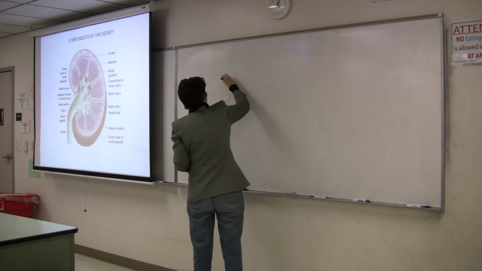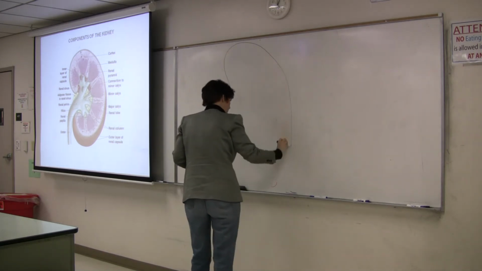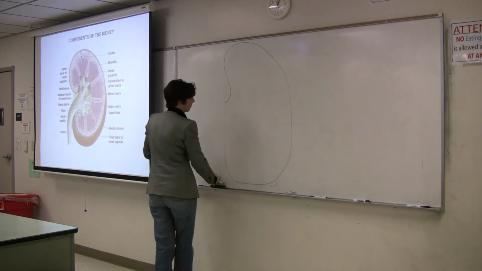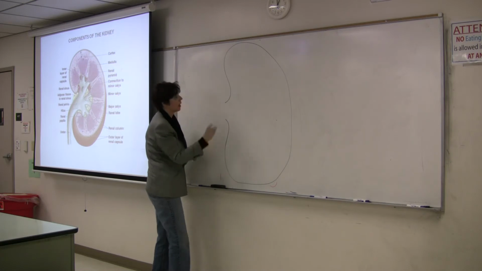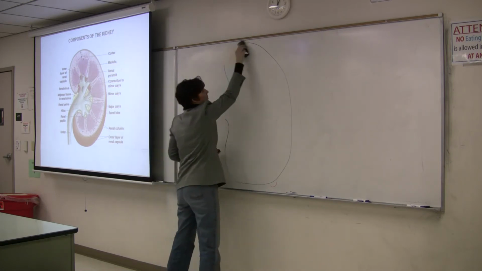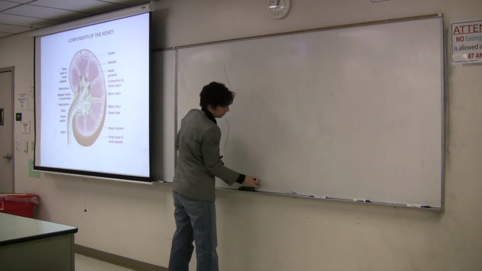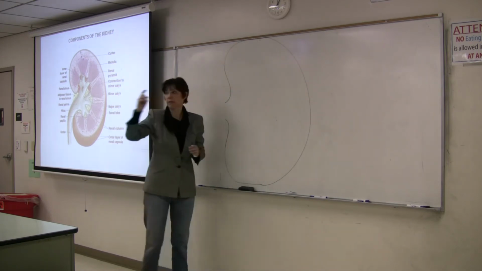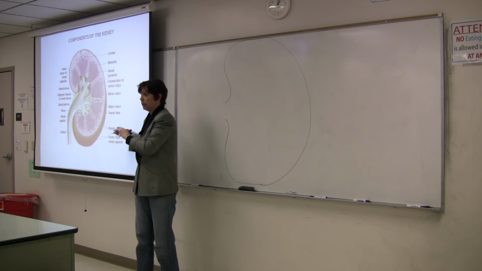Let's kind of draw this organizational pattern here. And I'm going to make this a little bit bigger so I have room. Now, there's no dotted line in the real kidney, okay?